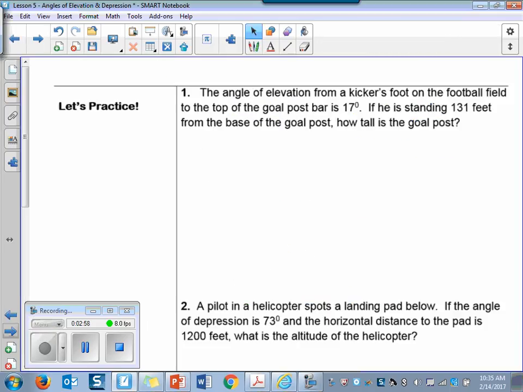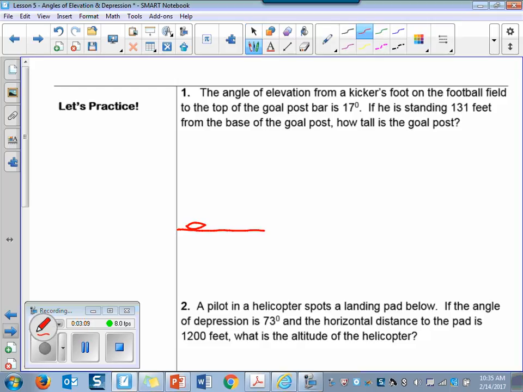Alrighty, now let's practice. The angle of elevation from a kicker's foot on the football field to the top of the goalpost. All right, so here's my football, and here's my goalpost. From here to here, they're telling me the angle of elevation is 17 degrees, and he is standing 131.